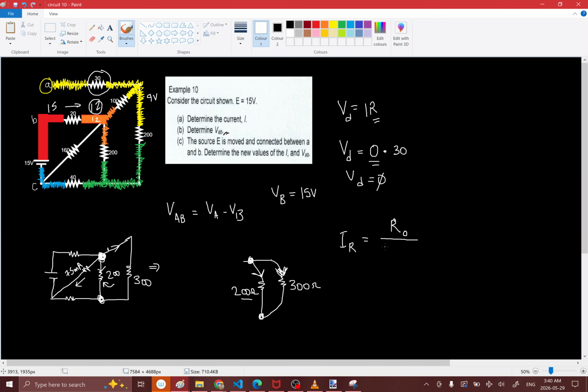And that's going to be divided by the sum of the resistances multiplied by the total current that you have to share. So that would be 200 ohms in that one path, and then the sum of resistances would be 200 plus 300, and the current that they need to share is 75 milliamps.